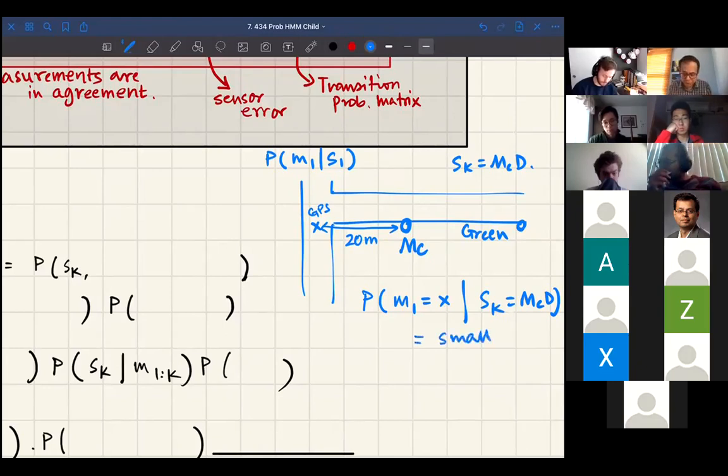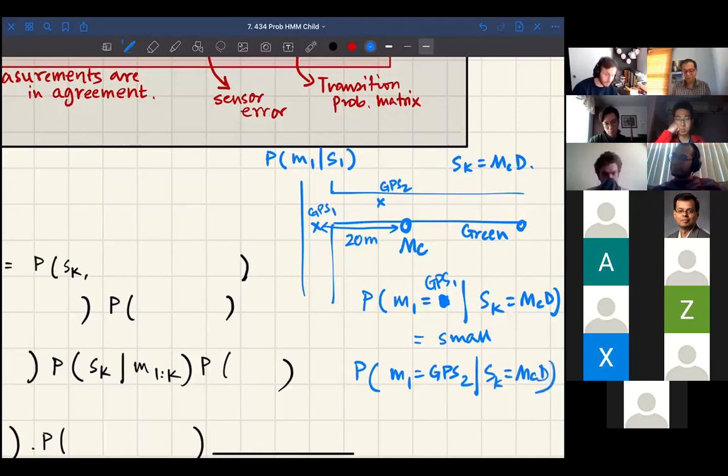But if your GPS tells you this is the value, let's call it GPS 1, GPS 2. Let's call this GPS 1. So if you say probability of M1 equals GPS 2 given SK equals McDonald's, that probability is large because this distance is 3 meters and GPS can easily have 3 meters.